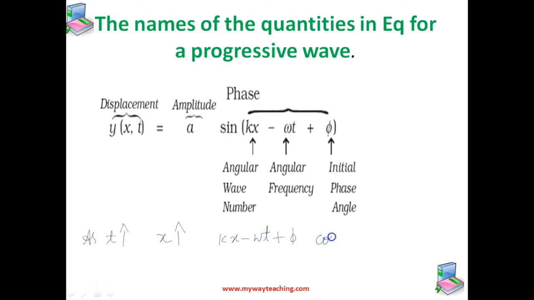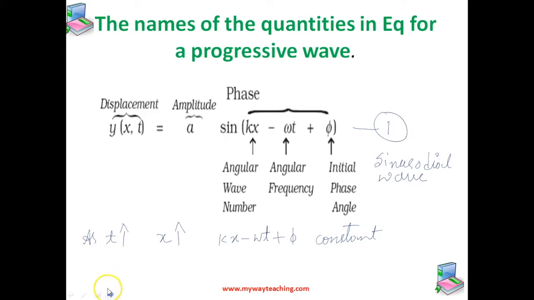If t increases, x must also rise in a positive way to keep this as constant. Thus, equation 1 represents a sinusoidal wave traveling along the positive direction of the x-axis.